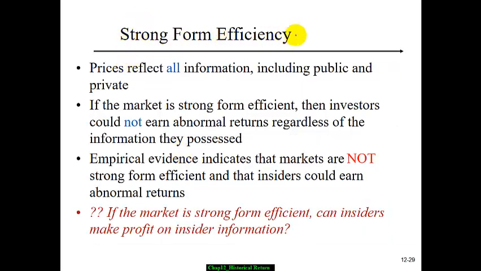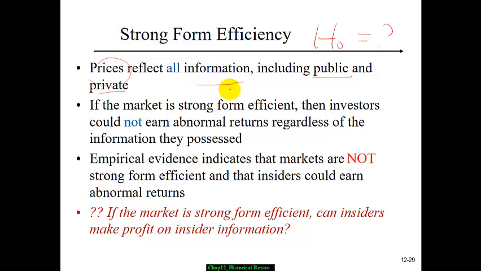Now remember, these are hypotheses, which are not necessarily true. We are just asking, are they true or not? We want to test. According to the strong form hypothesis, if it's true, the market is so smart. They know public information. They know private information. The stock prices already reflect all the information. So when you have new information, inside information, or a public announcement, it's not going to affect the market.